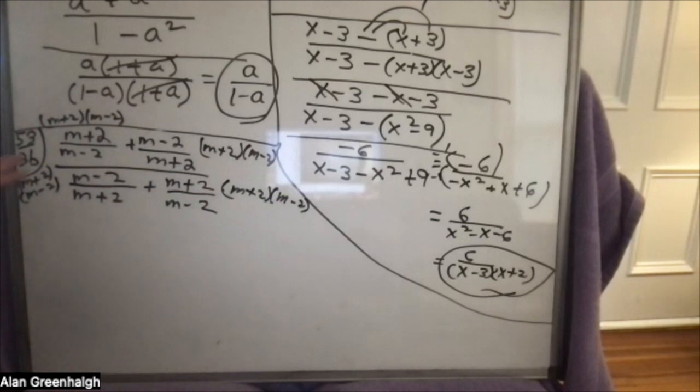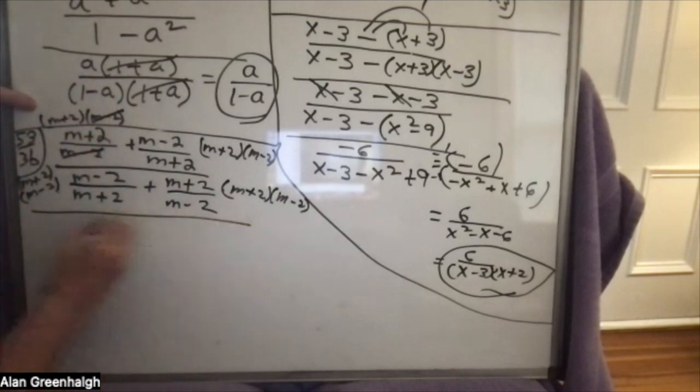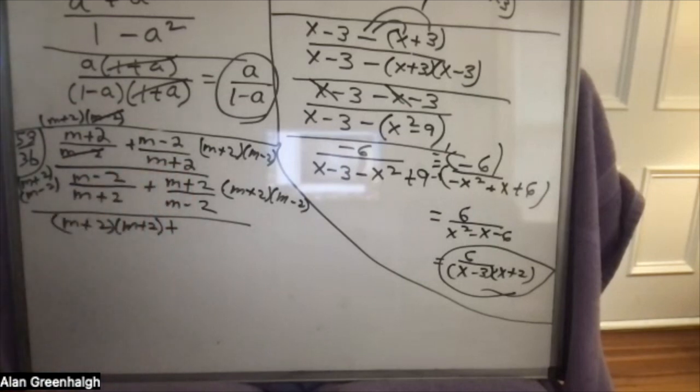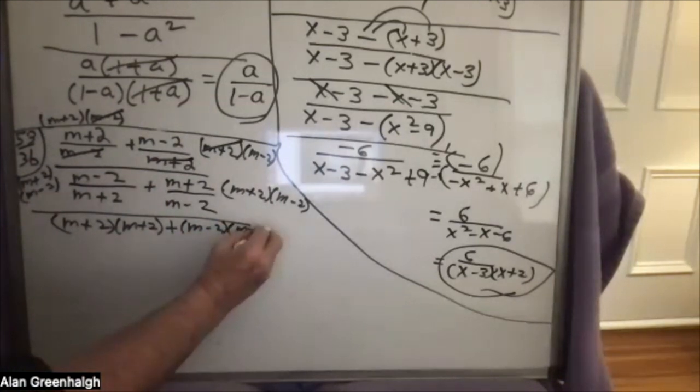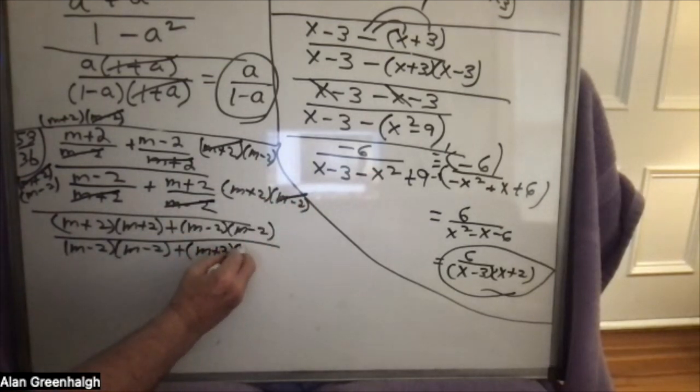All right, so according to that, we can cancel this out with this, and we get m plus 2 times m plus 2, plus the m plus 2's cancel out, and here you get m minus 2 times m minus 2, plus this cancels out with that, m plus 2 times m minus 2, excuse me, plus 2.